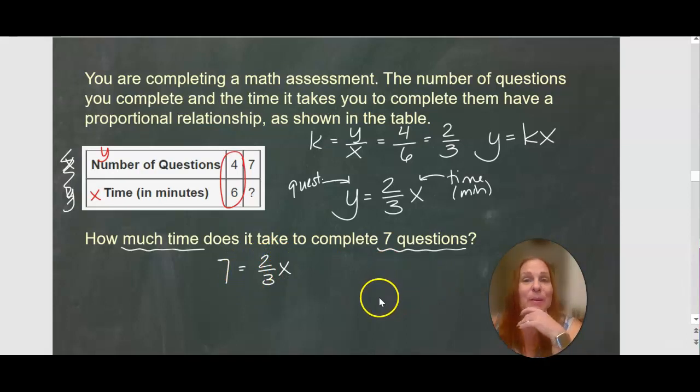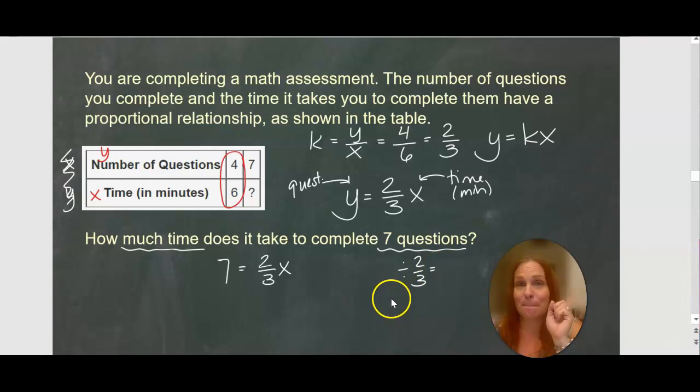Now, let's see if you remember how to solve this one. Again, we have to divide, right? Because the x is being multiplied by 2/3. But when we divide by a fraction, think about how we do that. How do we divide by 2/3? Remember, how do we divide by a fraction?